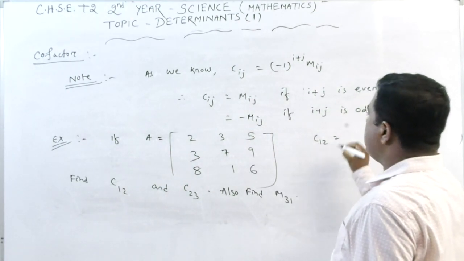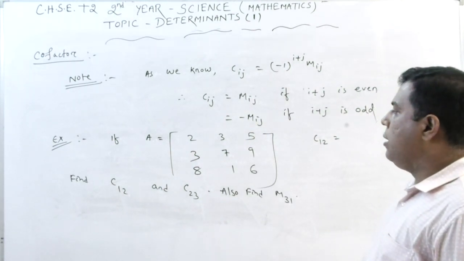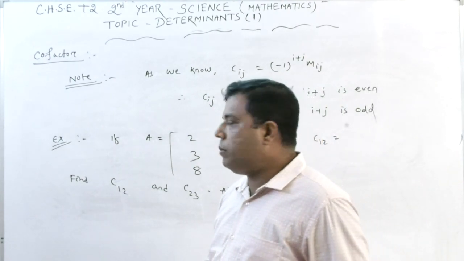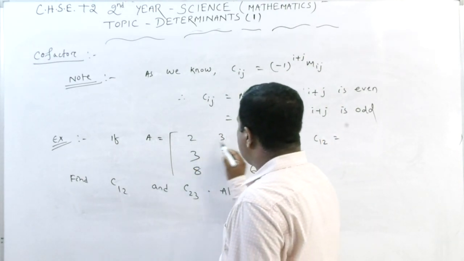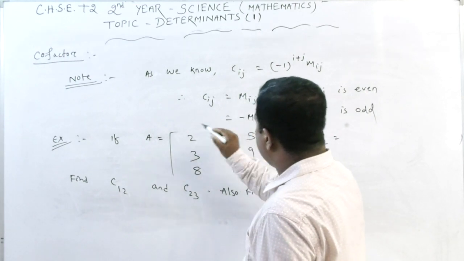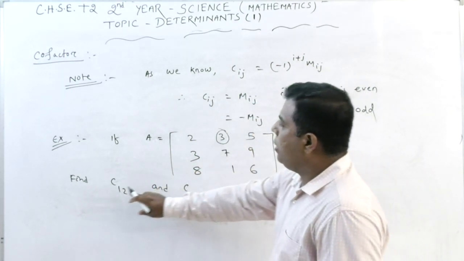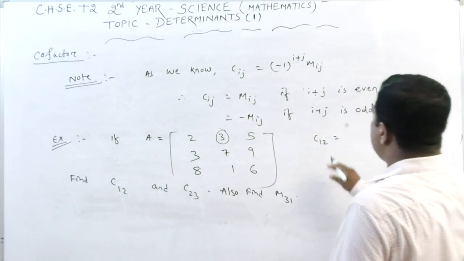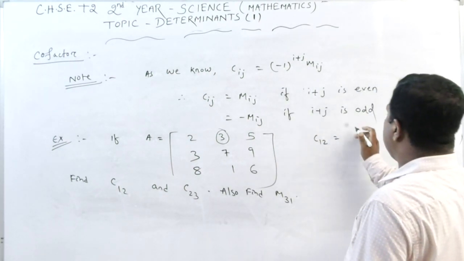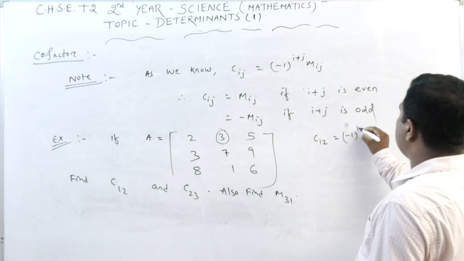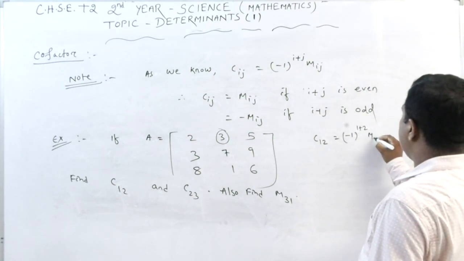Now we have to find C12. Dear students, C12 is the cofactor of the element present in the first row and second column, that is the element 3. So C12 is minus 1 to the power 1 plus 2 times M12.